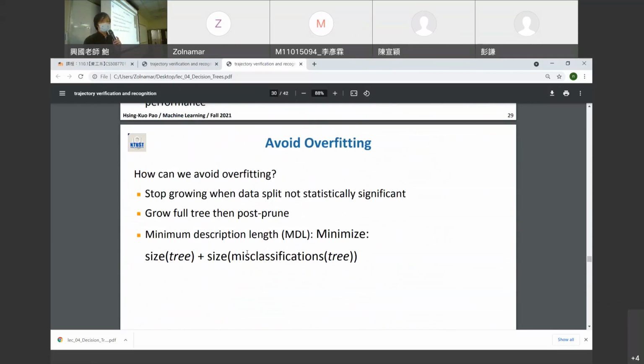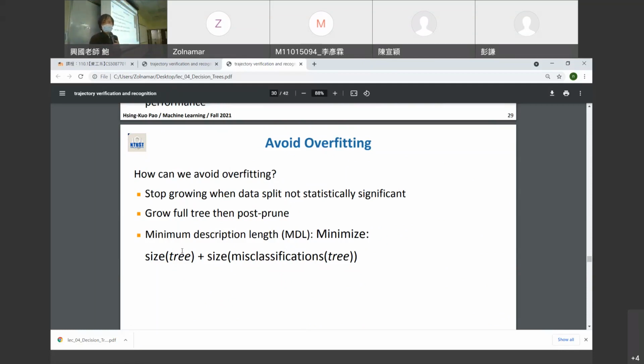If the error goes higher just a little bit, but we can make sure that the tree size goes a lot smaller, or the rules become smaller, then I think we can say it's a better choice.